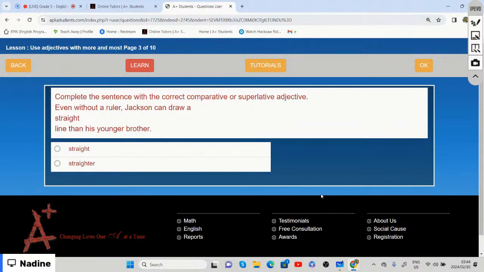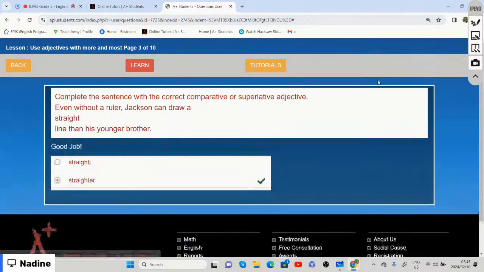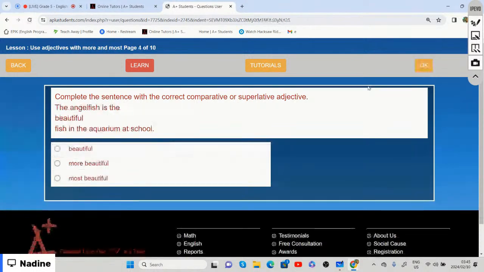So we can say that even without the ruler, Jackson can draw a straighter line. Remember, we are comparing him to his brother. So if we compare him to his brother, then it is a comparative adjective, and we say it is a straighter line than his brother. So straighter, right?